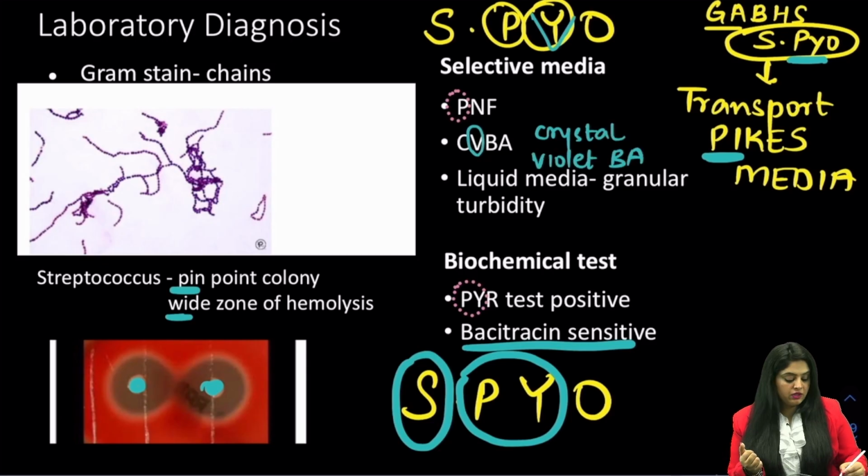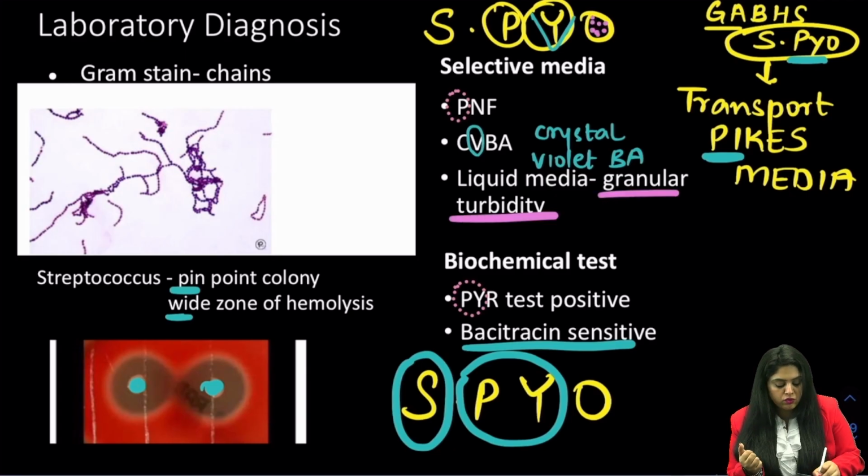And in some liquid media, you get granular turbidity. See, it is so simple. On biochemical tests, it is bacitracin sensitive and PYR test positive, and in media it is all pi, pi, pi, y. You are sorted. I told you it's very simple to do.